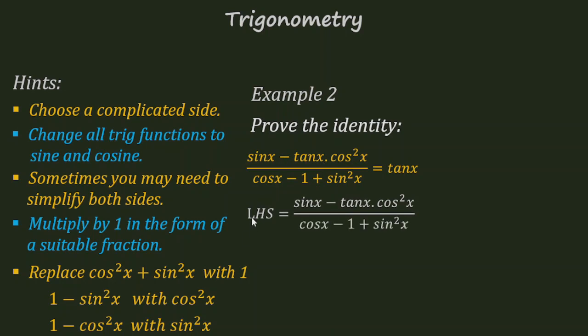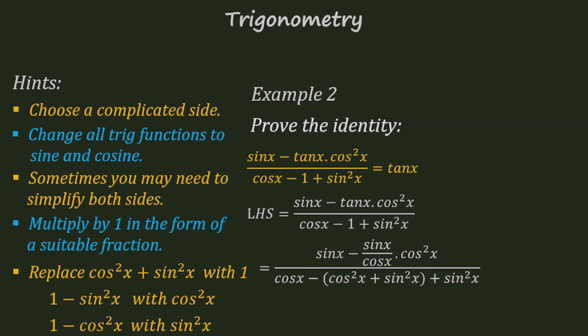So we abbreviate this to say left hand side. Now, this is our left hand side. We can now try to work out the left hand side until it looks exactly like the right hand side. Now, what do we do? We change everything that is not sine or cosine into sine and cosine.